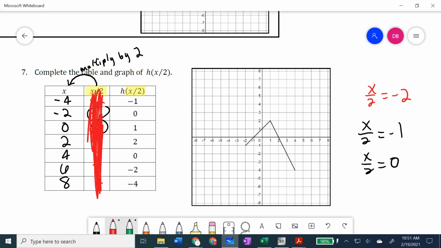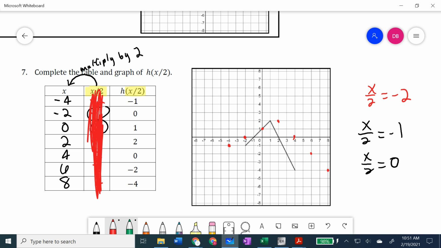And now, if I want to sketch the graph of h of x over 2, given the graph of h, I'm going to plot the points negative 4, negative 1, negative 2, 0, 0, 1, 2, 2, 4, 0, 6, negative 2, and 8, negative 4.